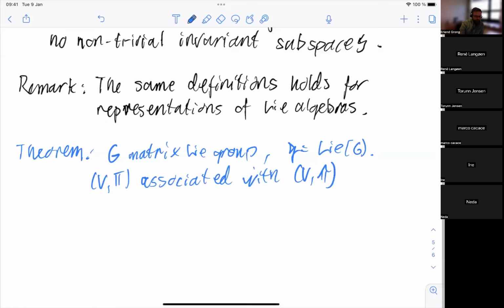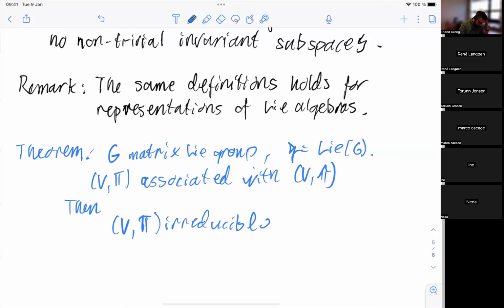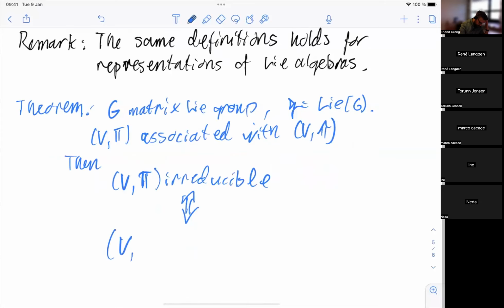Then V and large pi is irreducible if and only if V and small pi is irreducible.